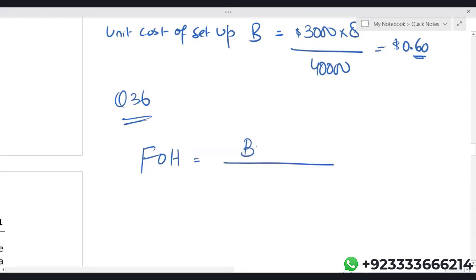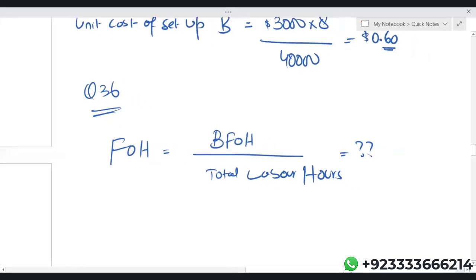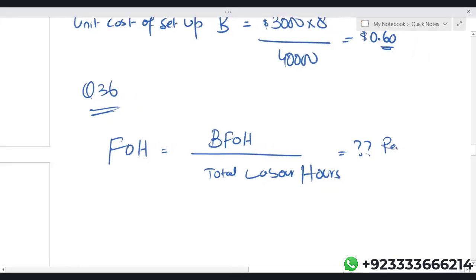So basically, budgeted fixed overhead divided by total labor hours. This will give us the rate per labor hour.